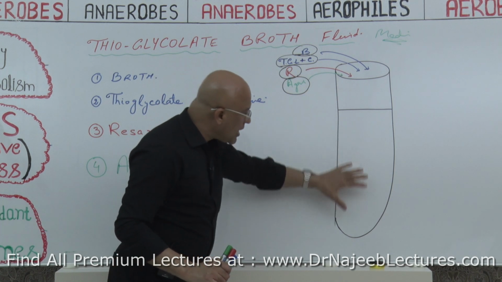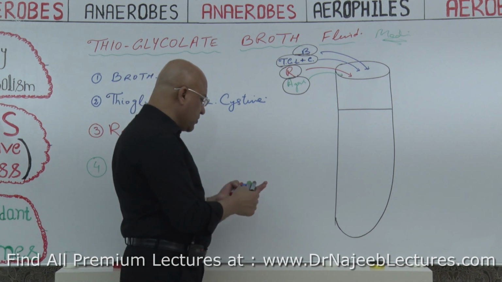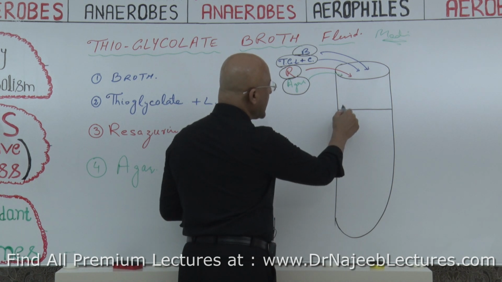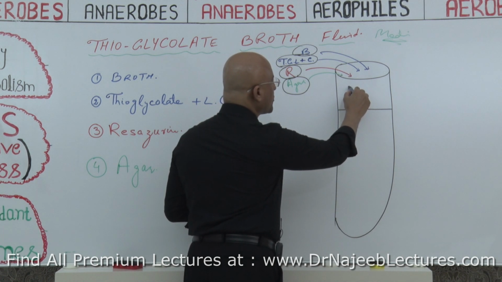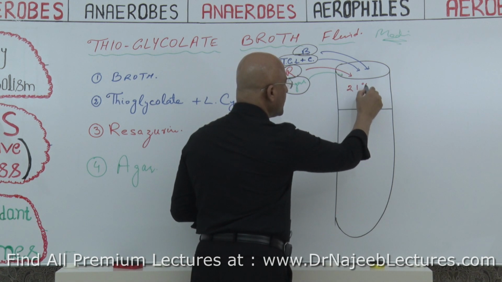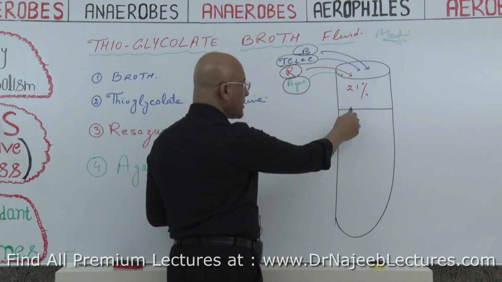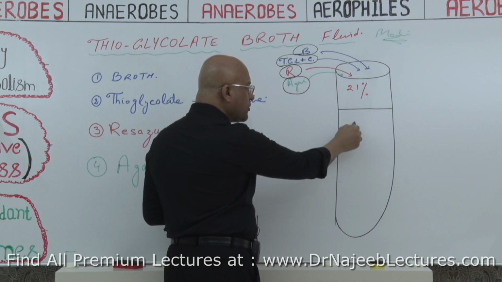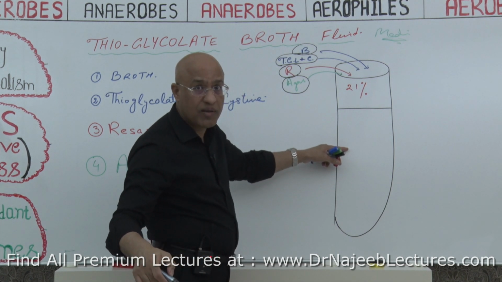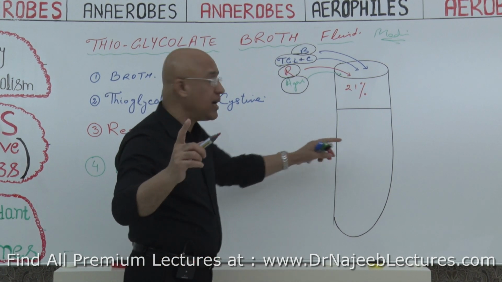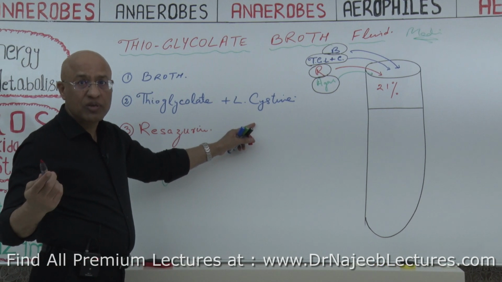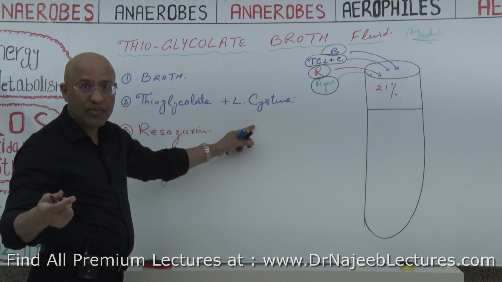Now, this medium which is made, what will happen to this? Because above there is atmospheric oxygen, it means in the upper part there is 21% oxygen, which is atmospheric oxygen. But as oxygen diffuses down into the media, it will be faced by the thioglycolate and L-cysteine, which will try to neutralize the oxygen, right?